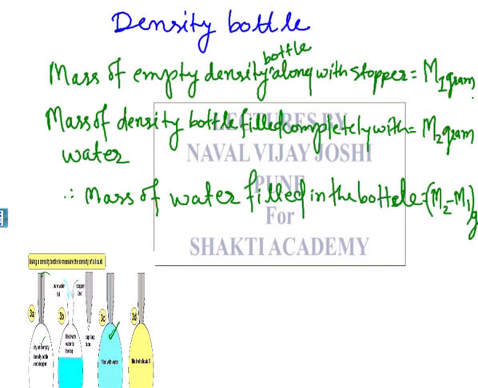This is the equal to sign. So m2 minus m1 g for gram, you can see.